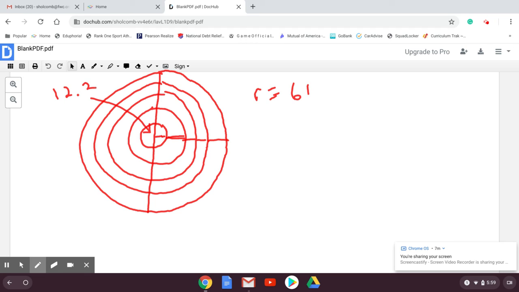Interesting enough, there's our radius overall of 61. But then they say, what do we want to find? We want to find the area of the red, which is this zone right here. Yellow is the one in the middle, and then you've got black, blue, and white on the outside. So we're trying to find this shaded in area right here.